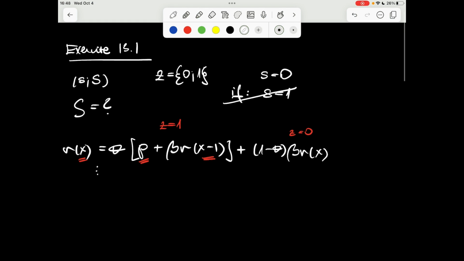In a few steps, with very simple mathematics, we can reach this form.